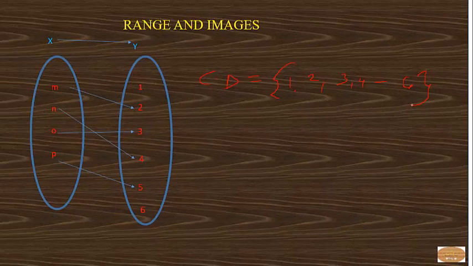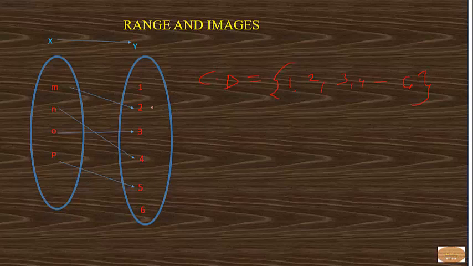Now to know the range, look at the images here. That is 2, 3, 4 and 5. So the range is a subset of the codomain.